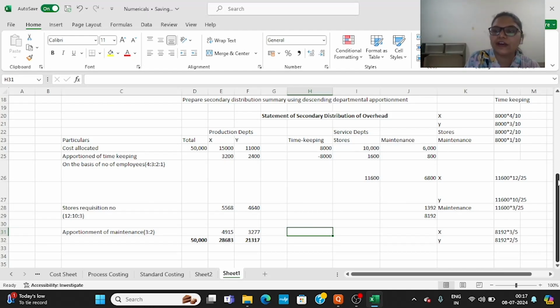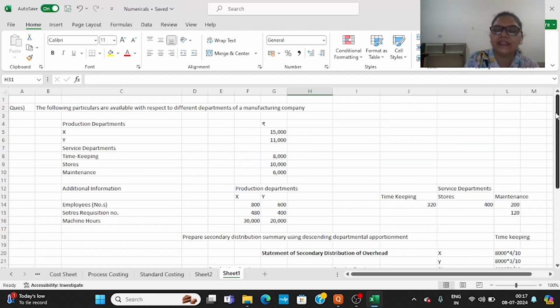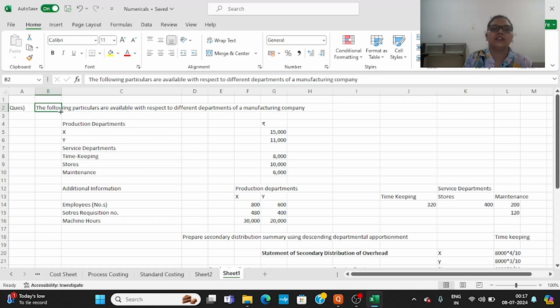In case you have missed any concept, let me brief you on the full numerical once again. The following are the particulars with respect to different departments of a manufacturing company. Production department X 15,000, production Y 11,000. Service departments, timekeeping, stores, maintenance are 8,000, 10,000 and 6,000.